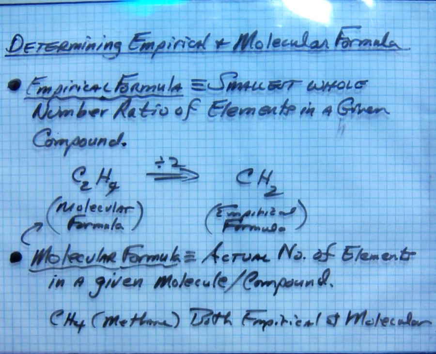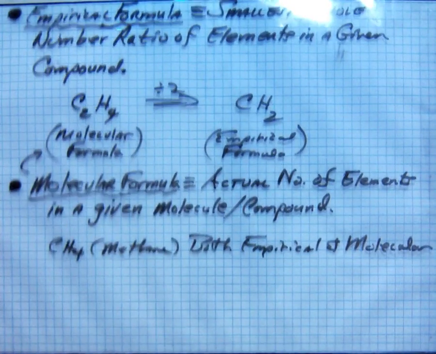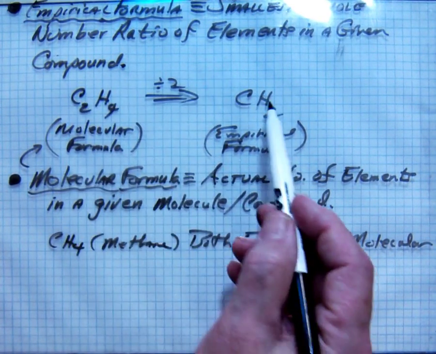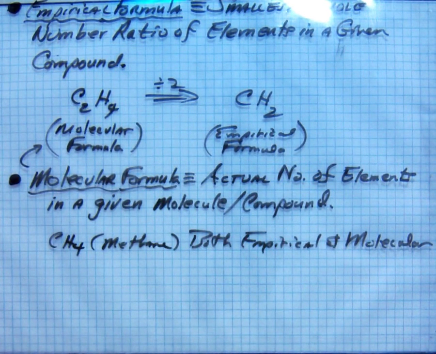And now, before we leave the background information here, I want you to look at this up here real quick. What did I do to get to the empirical? I divided by 2. So what I'm saying is the relationship between the empirical formula and the molecular formula is what we call a whole number multiple.